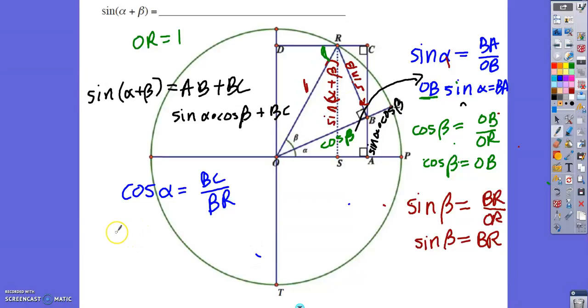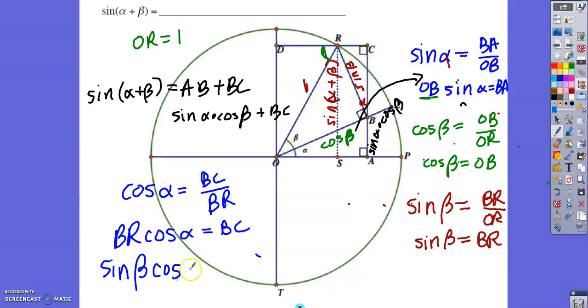And so BR, I'll just write that first, BR times cosine alpha equals BC. And BR is sine beta. So sine beta times cosine alpha equals BC. So that's this side right here. Sine beta times cosine alpha.